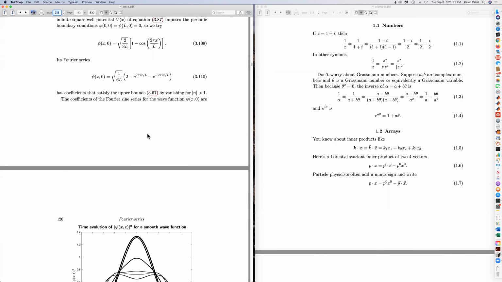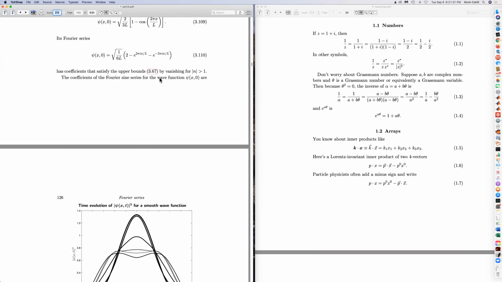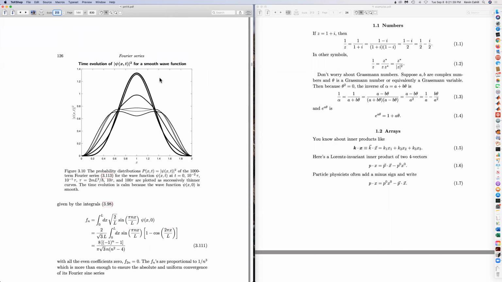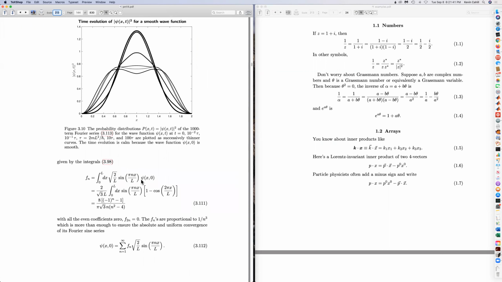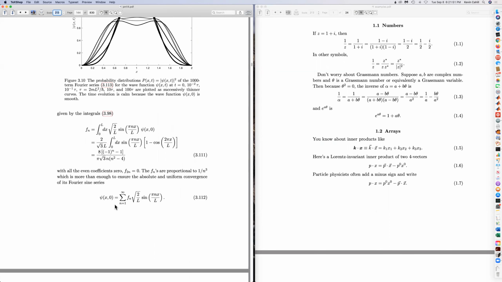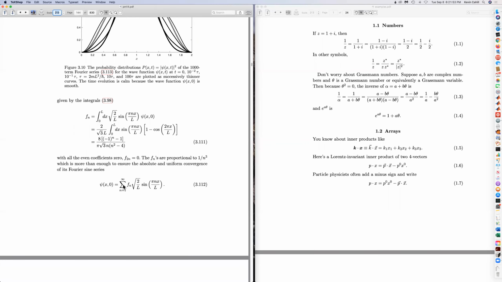On the other hand, each of these terms will evolve in time differently, because when we project it onto the eigenfunctions of the Hamiltonian, which are the sine functions, we get these funny coefficients. And so the final form of the wave function at time 0 is this.